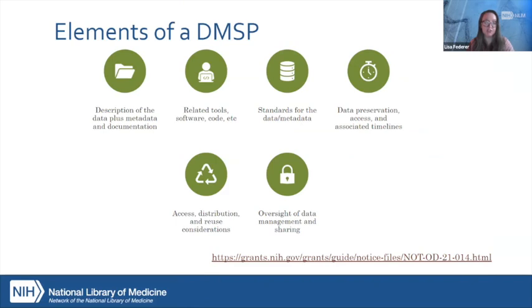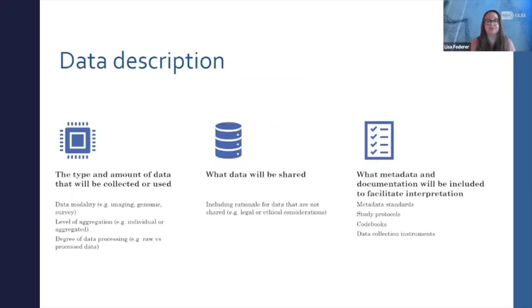So the first is a description of the data and metadata and documentation, tools, software, and code, standards for the data and metadata, timelines for how long and when data will be preserved and accessible, considerations for access, distribution, and reuse, and then finally oversight of data management and sharing, who will ensure that the plan is carried out.